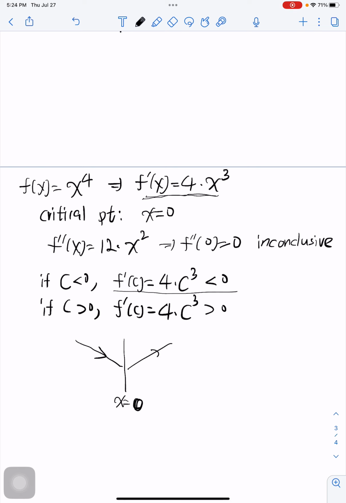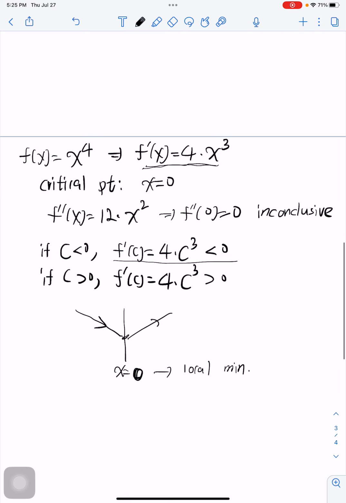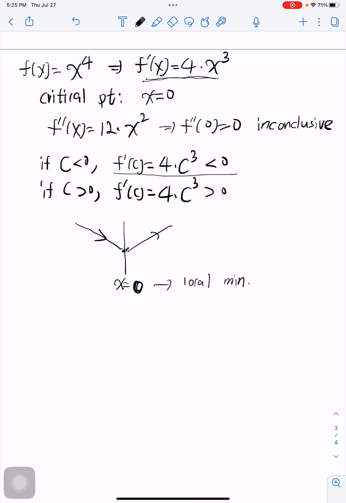And in other words, here x equals 0 gives you a local minimum. Okay, so as you can see, by applying the first derivative test, we conclude that this stationary point x equals 0 gives you a local minimum.